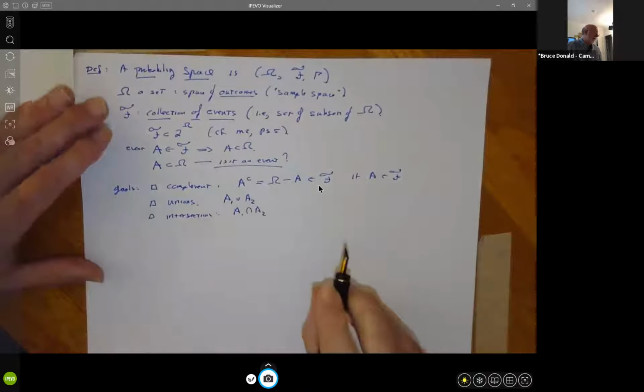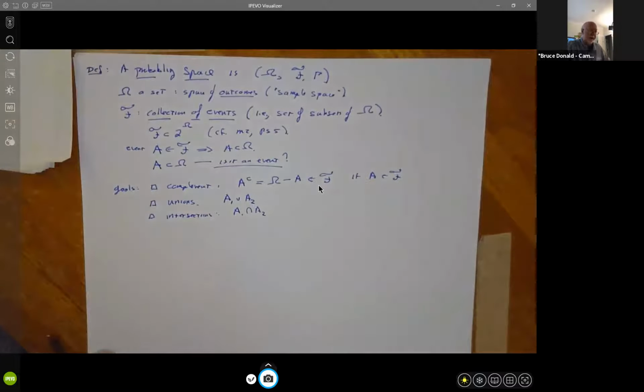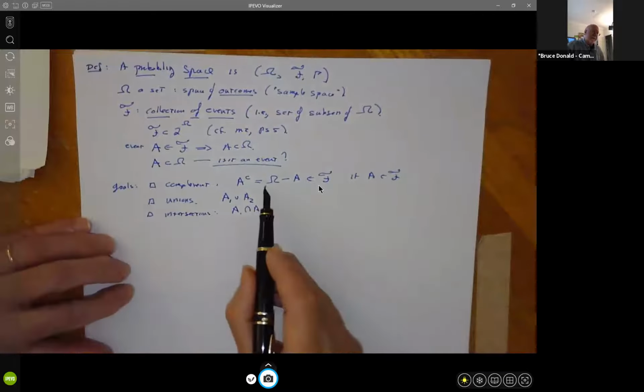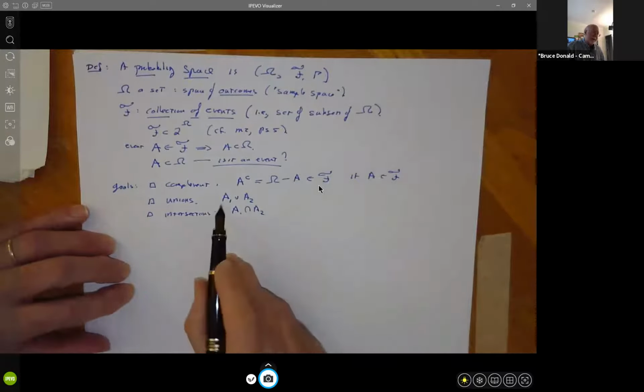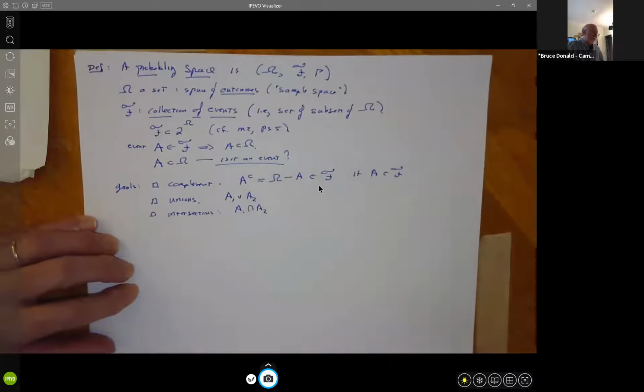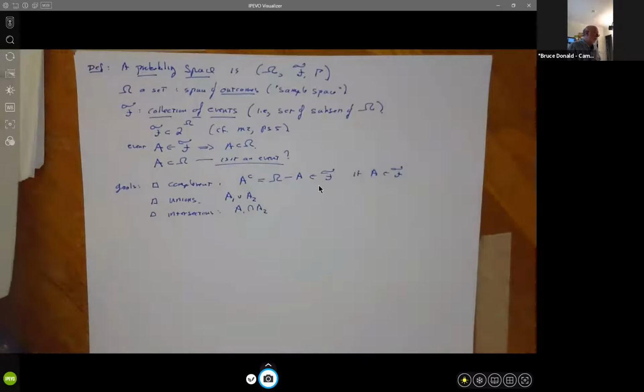This is an event that occurs when both A1 and A2 happen. And so the language of probability is transformed into the language of set theory. The opposite or complement of an event is merely the complement taken like this. Either event happening is a union, both events happening at the same time is an intersection. And we just have to construct this in such a way that everything is well defined.